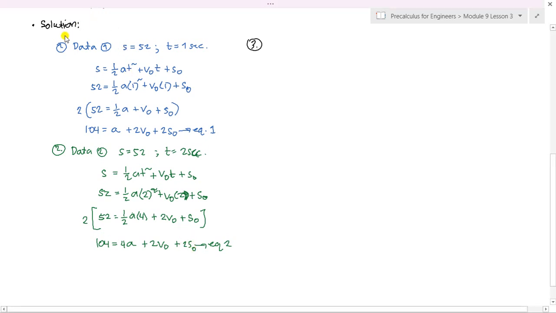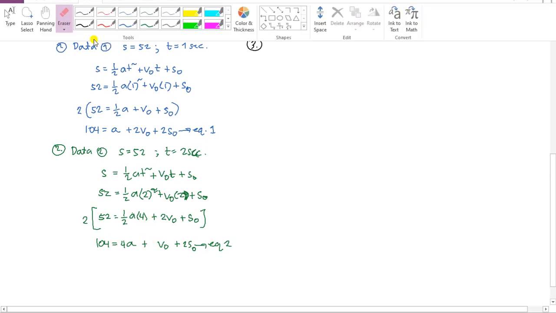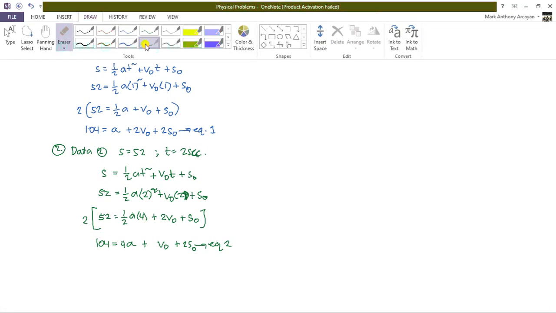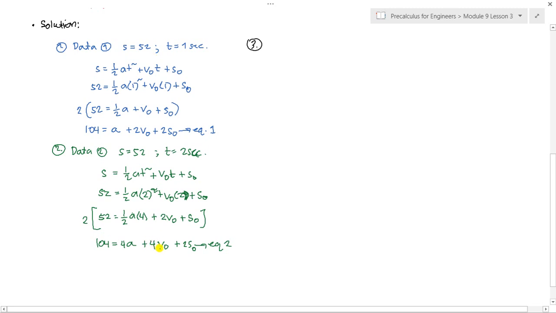And then also this one, this is 4v naught, kay di ba, ato may gi-distributan og 2. So mana siya for equation 2.